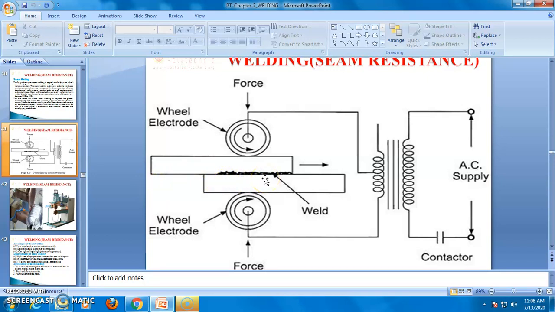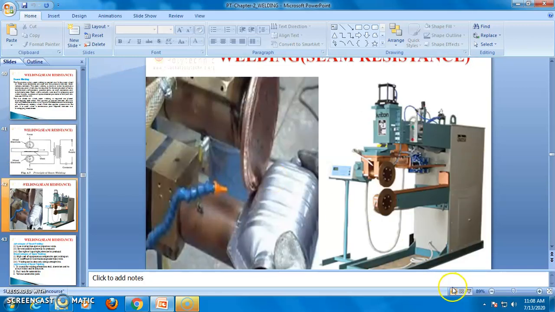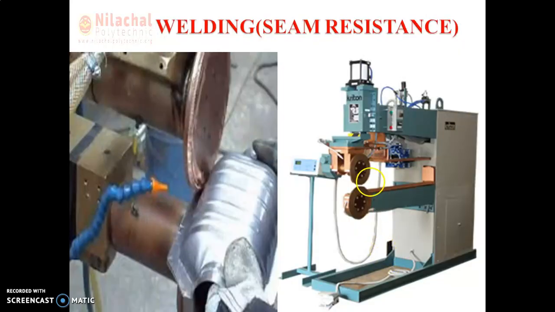If you go to the original pictures of the seam resistance welding process, you can see a muffler, which is used in air purifying equipment, manufactured by this welding process. This area can be easily welded and it is a continuous welding process.